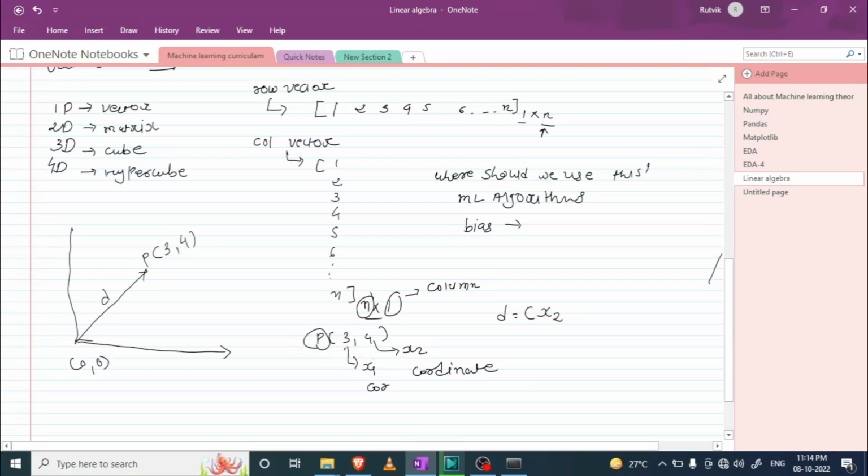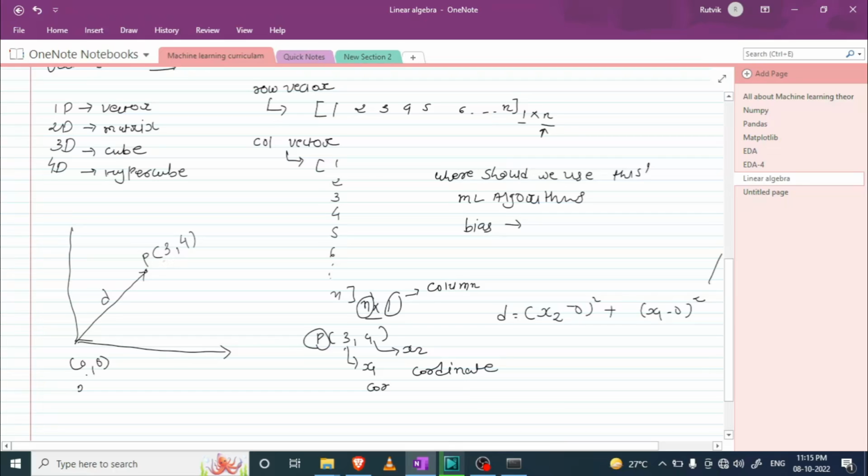And if I use this one, x2, minus 0 whole square plus x1 minus 0 whole square. So I subtract the x2 coordinate, 4 minus 0, and here I subtract the x value of the origin from p's x value.